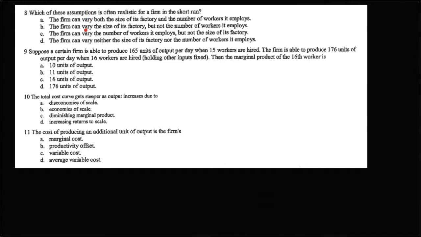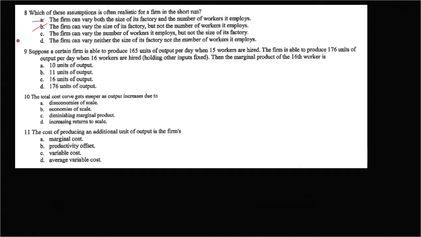So, with that in mind, let's answer this question. Well, B is obviously not right because you can't change the size of your factory in the short run. The long run is defined as being able to move. If you can move a factory in 2 weeks, well, 2 weeks is the long run. So it's not necessarily the amount of time, it is what you can do in some time.